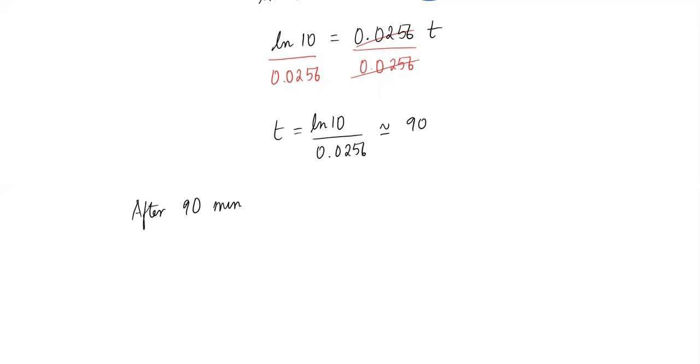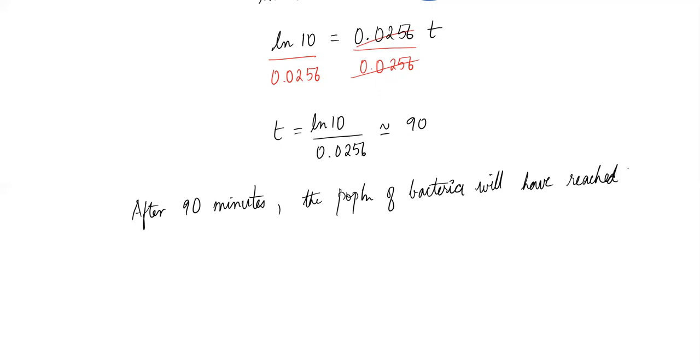Again, remember that I did not attach the units to the t. So when you interpret, that's when you bring the minutes. After 90 minutes, the population of bacteria will have reached 10 times its initial value.